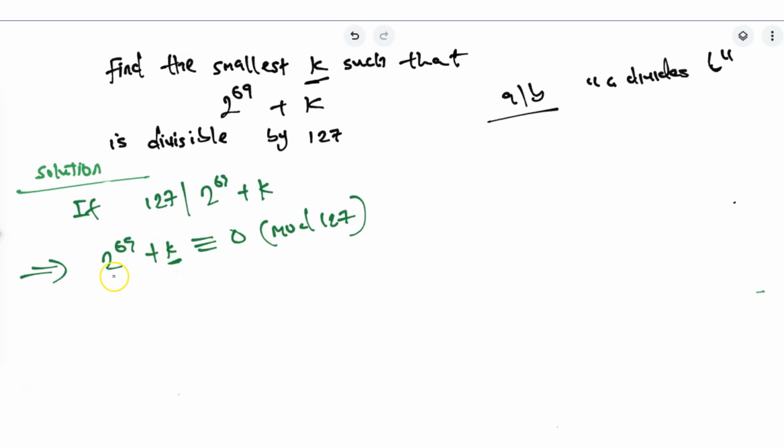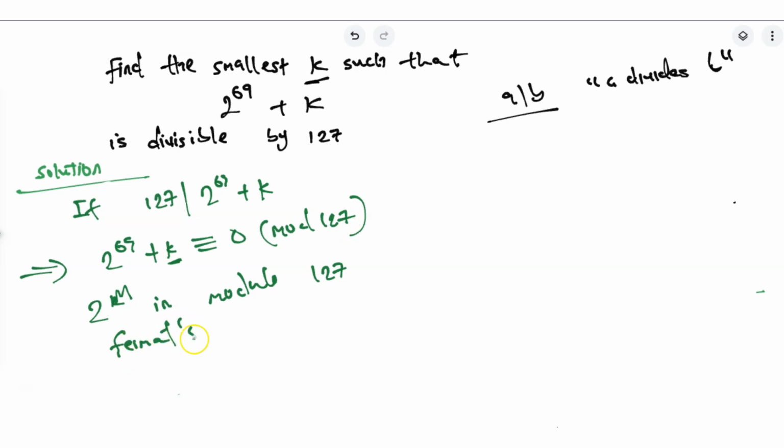Now, what I will do is we are going to study the powers of 2 in modulo 127. Let's say 2 to the m in modulo 127. That is what we are going to study here. Because 127 is prime, you can confirm 127 is prime, it is easier for us to use Fermat's little theorem.